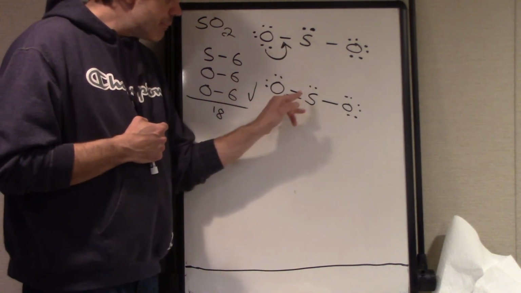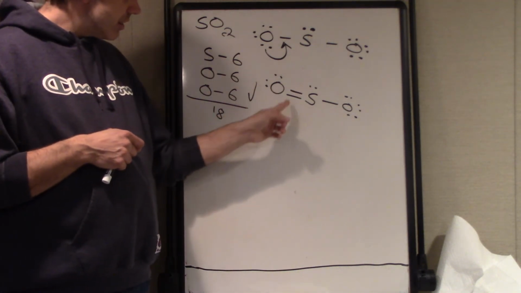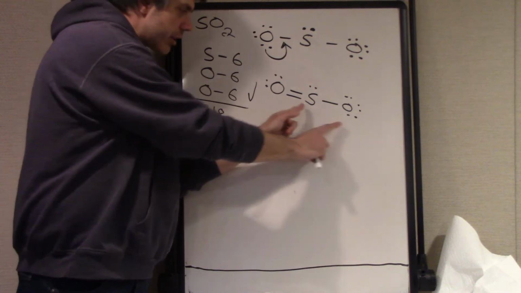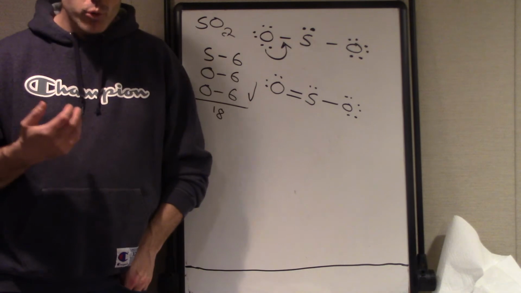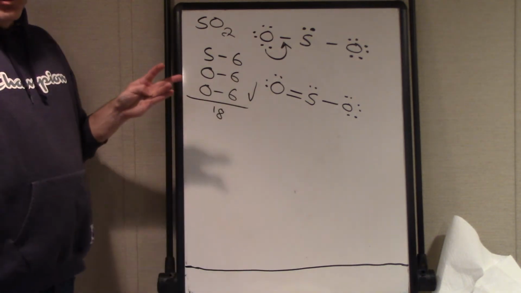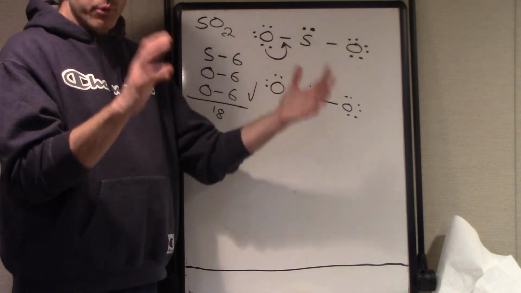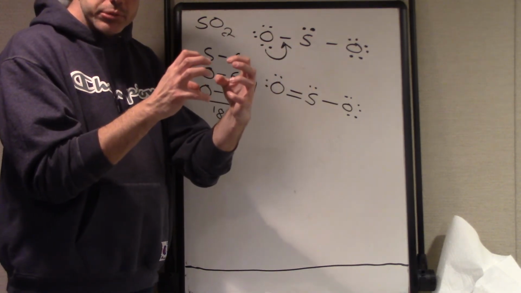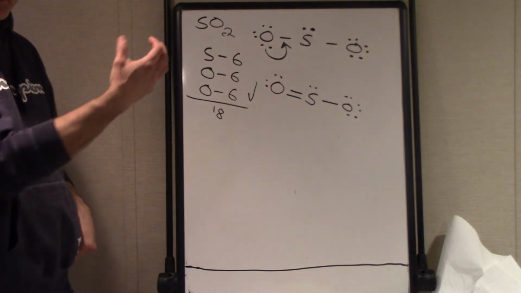So if you have more bonds, you're sharing more electrons. Here, 2 electrons in each bond. Here I'm showing 4 electrons being shared here and 2 electrons being shared for the one on the right. What happens is when atoms are sharing electrons, the more electrons that are being shared, the closer those 2 atoms can get. Okay? They're sharing more. There's more holding them together.